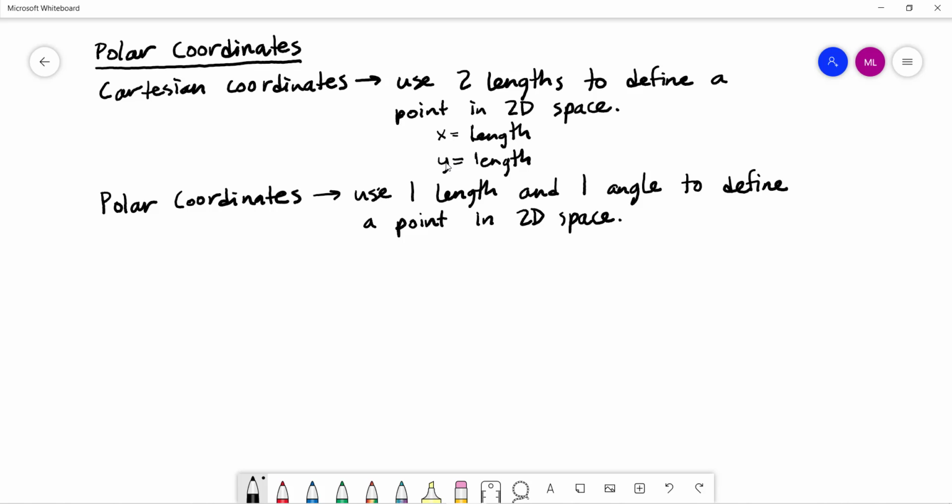The length that we're going to use is r, and it's the distance from the origin. And then the angle theta is going to give us what direction we need to go relative, again, to the positive x-axis.